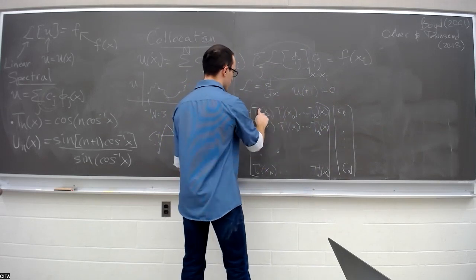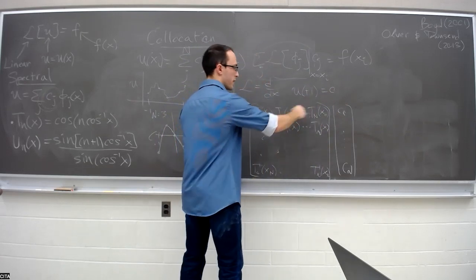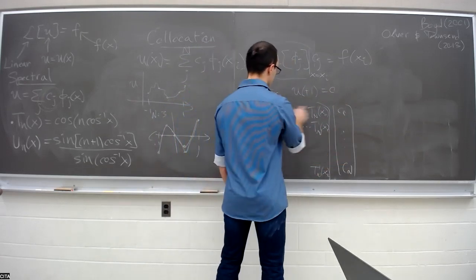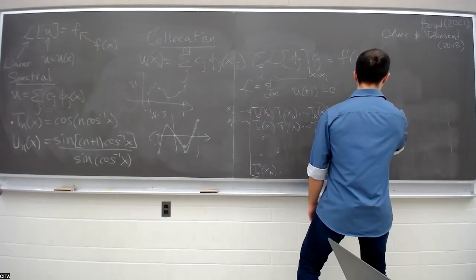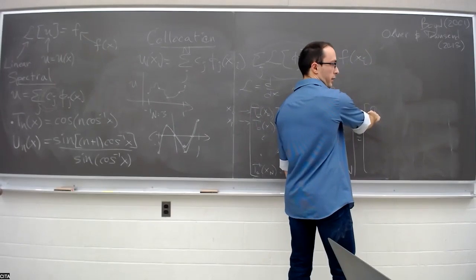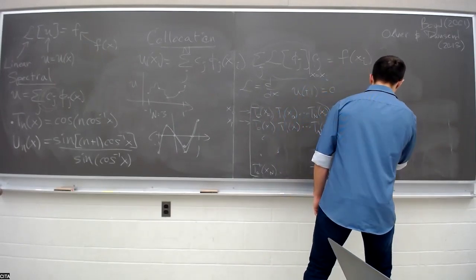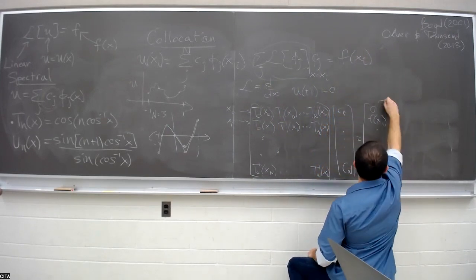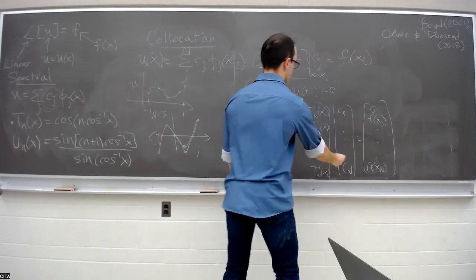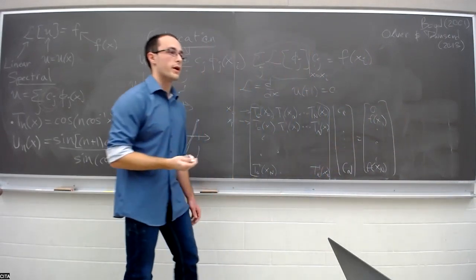And so all you need to do to impose that boundary condition is to, instead of putting these derivatives here, we put the actual basis functions. And so then this row acting on our vector of coefficients, rather than f evaluated at the first point, we just set that equal to 0. Leave the rest of the rows as is. And so acting with this row gives you 0, and that imposes your boundary constraint already.